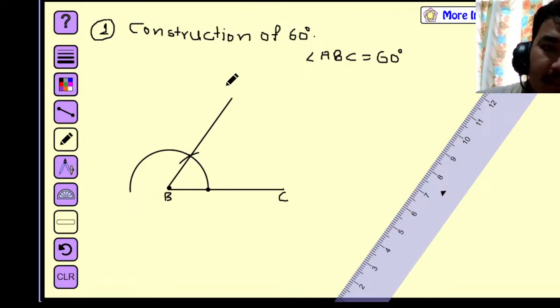Now AB is one arm, BC is another arm, and this angle ABC is constructed, 60 degree.